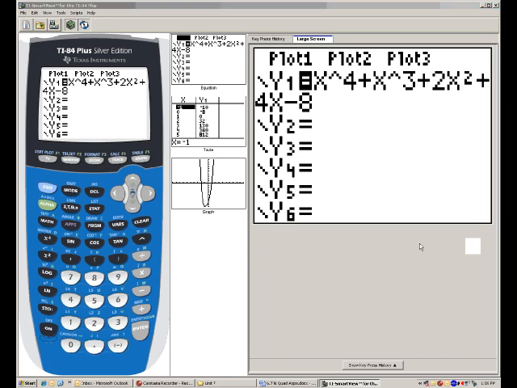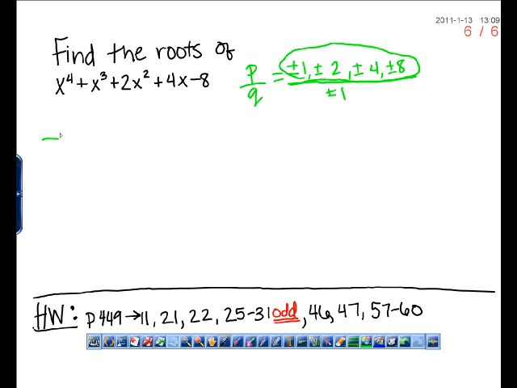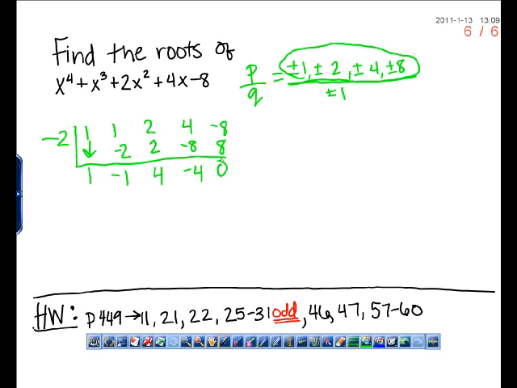Synthetic division: 1, 1, 2, 4, -8. Does it work? Yeah, so -2 definitely works.